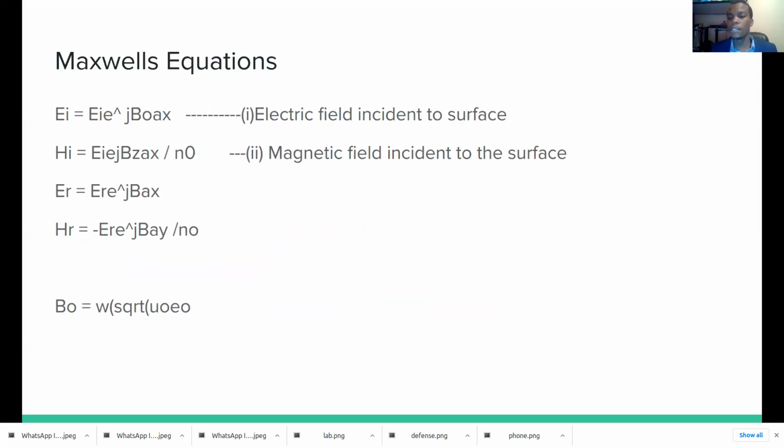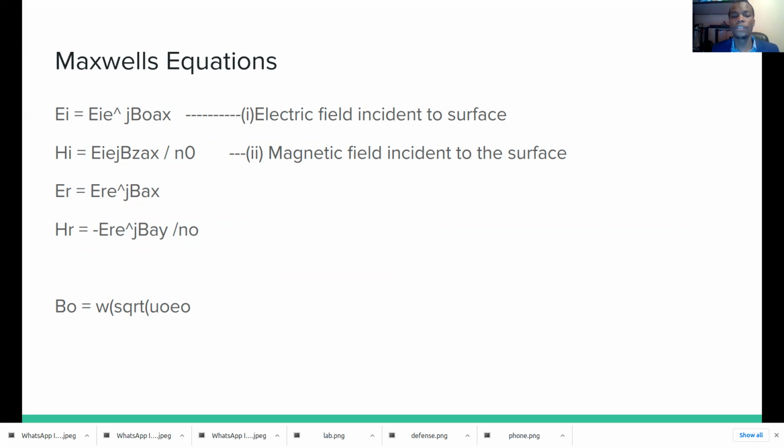From Maxwell's equations, we can get that the incident radiation EI has got EI raised to the power e to the j beta, and then beta naught, and it has basically what this equation shows you. I'm going to show you a better derivation.